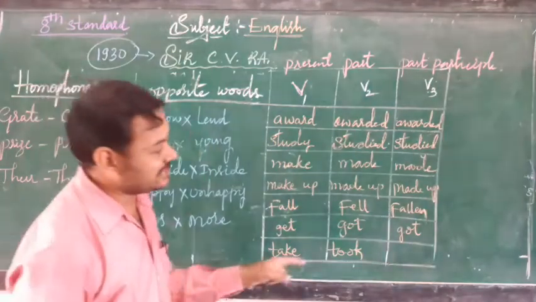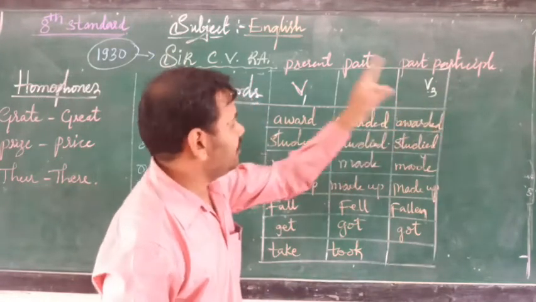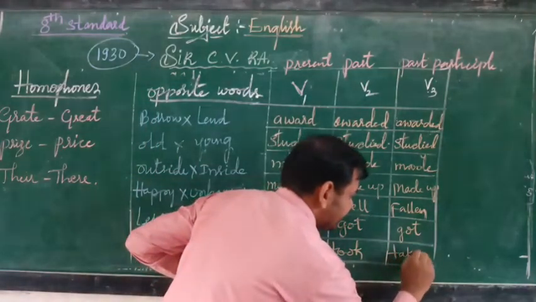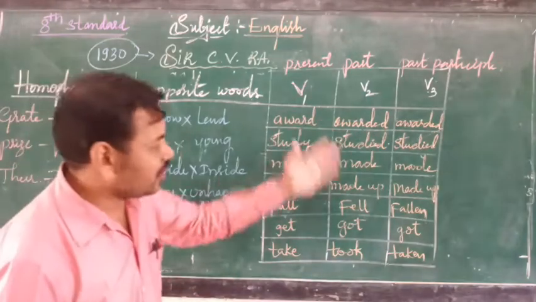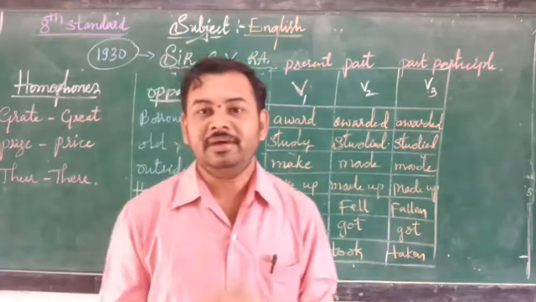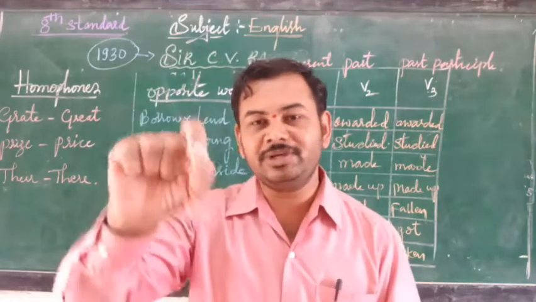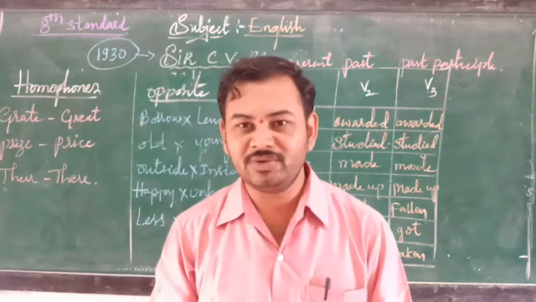Isn't it? What is the past participle form or V3 form of take? Taken. Got it? See, likewise, there are many verbs. If it is in past tense, it should be changed into present and past participle. Got it, my dear student?